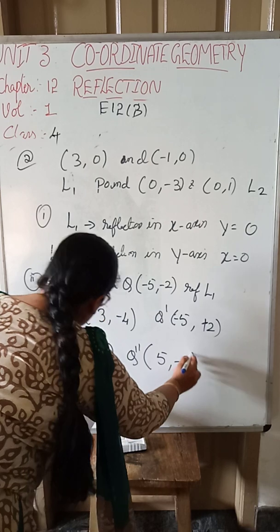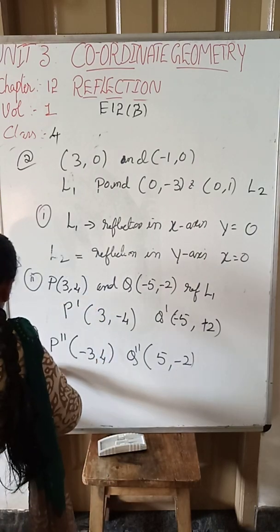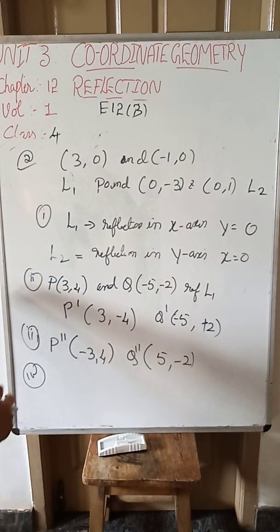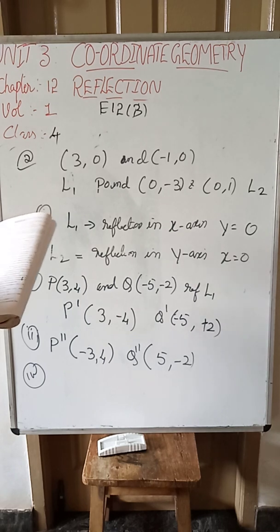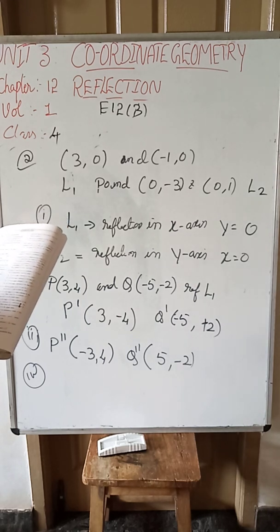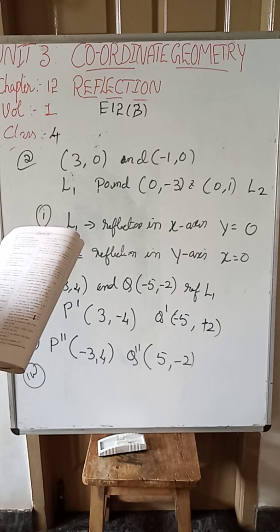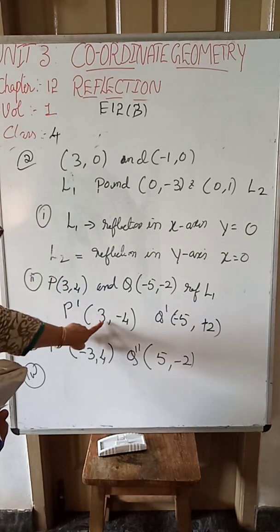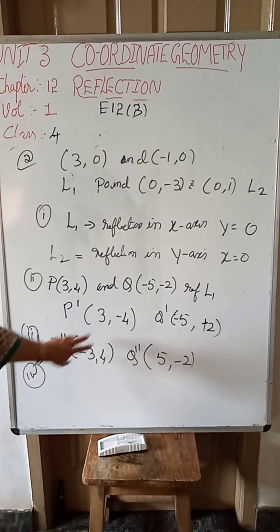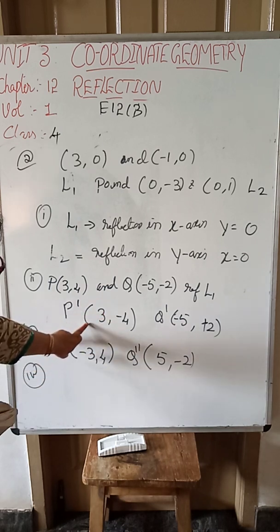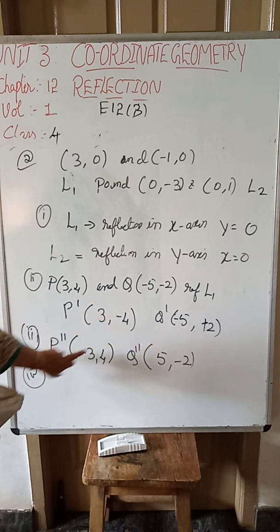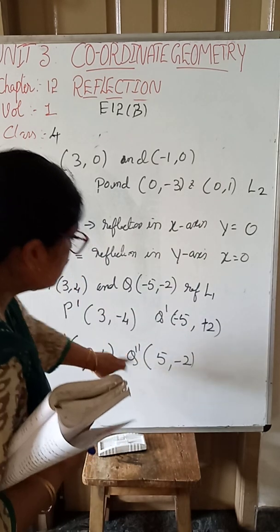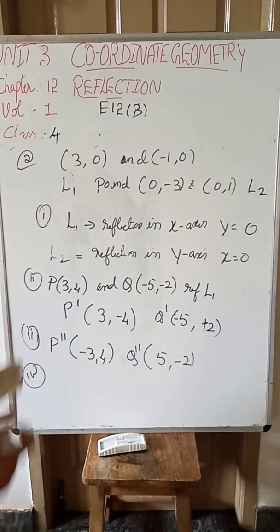Fourth one: state or describe a single transformation that maps P dash onto P double dash. So please observe P dash and P double dash, and Q dash and Q double dash.